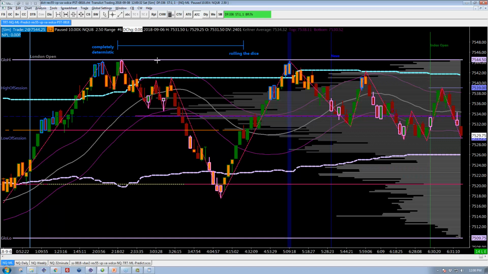Somewhere in the middle between completely deterministic and rolling the dice is trading. Somewhere in this spectrum. It's not completely random, and it's not completely deterministic. What I'm trying to communicate is that when the volatility goes up, this line moves more to this side.